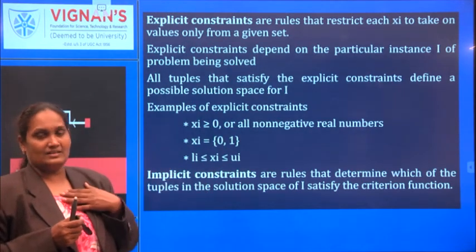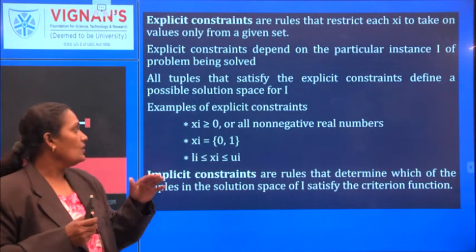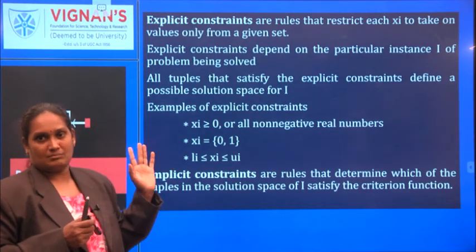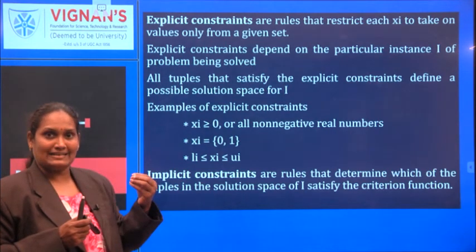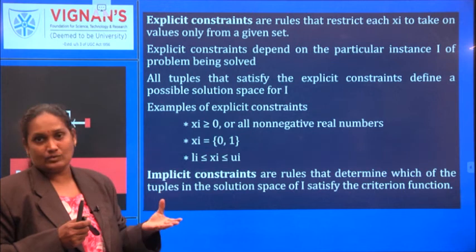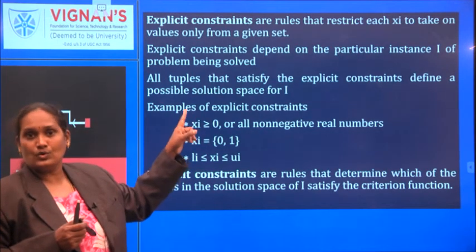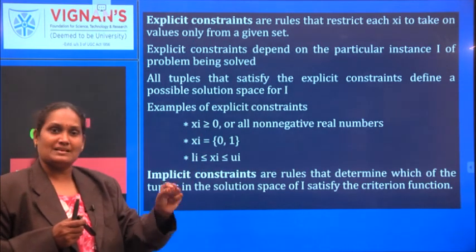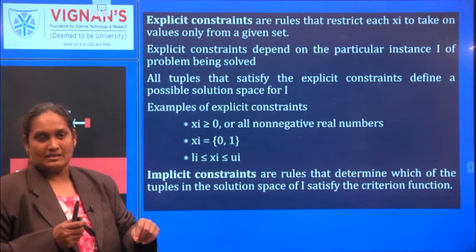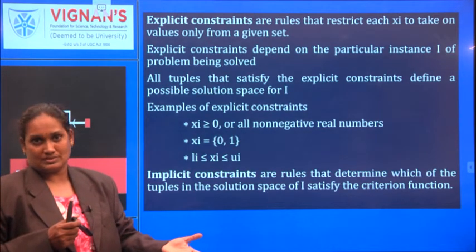That is, our application has to select only non-negative real numbers. If you try to select anything other than a non-negative real number, the explicit constraint does not hold. Every problem should hold both implicit constraints as well as explicit constraints. If an explicit constraint does not hold, we cannot get the solution for that problem.